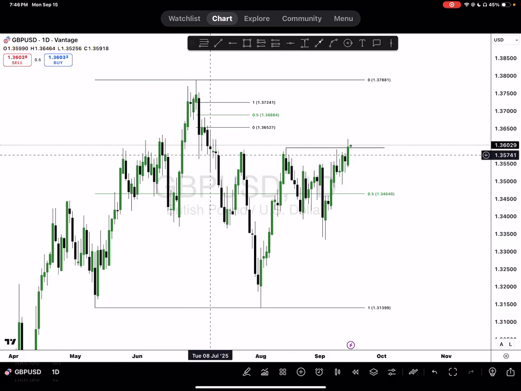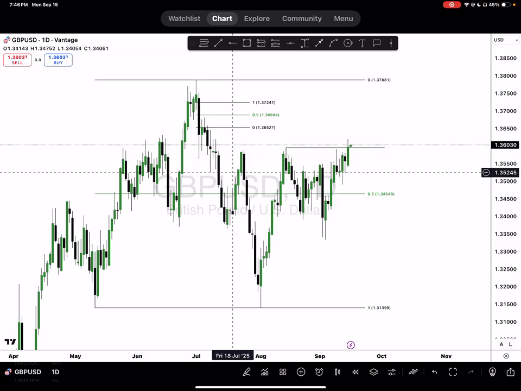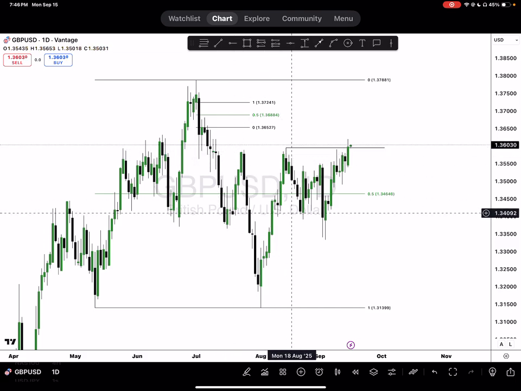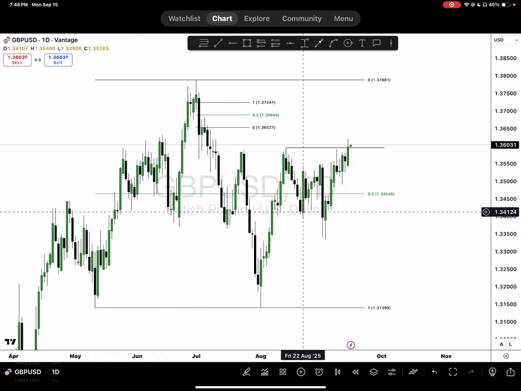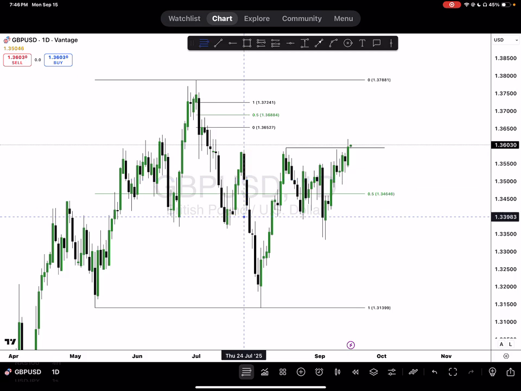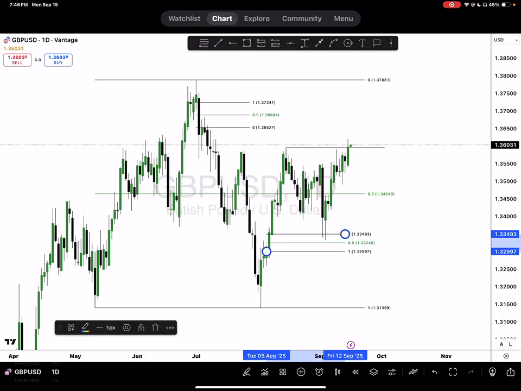And so we've essentially just been mitigating areas of interest, inefficiency zones inside of this range for the past 4 or 5 months. And we just recently mitigated one here on the macro perspective, which was that there.